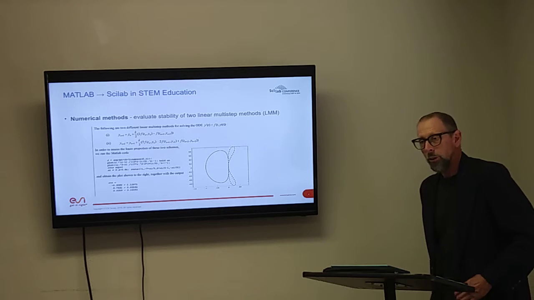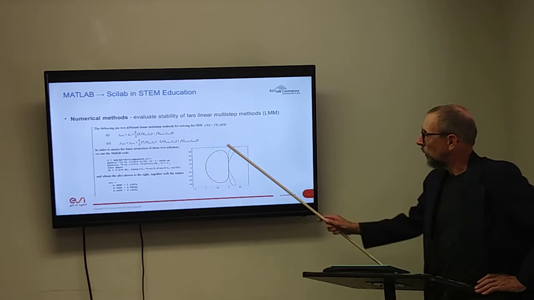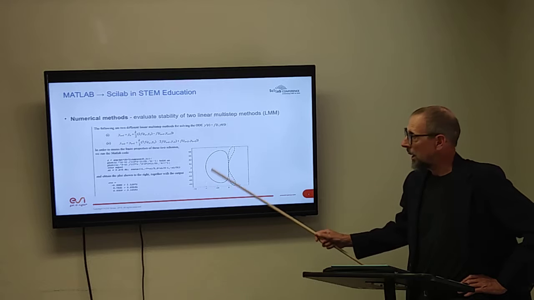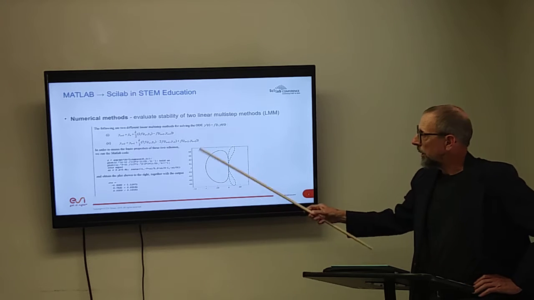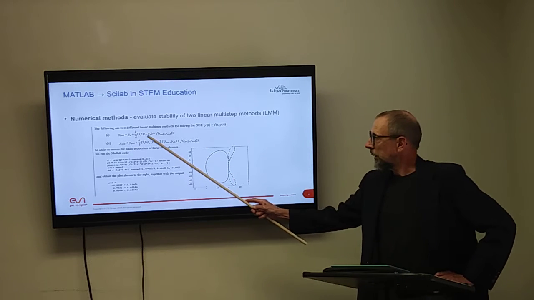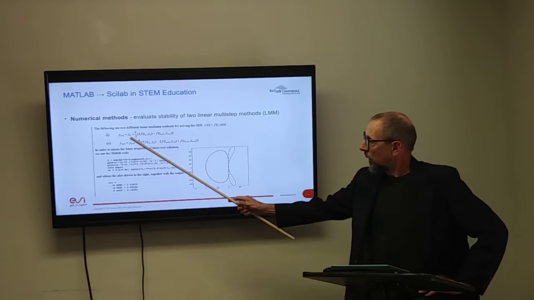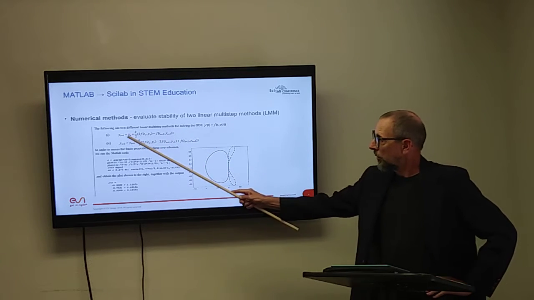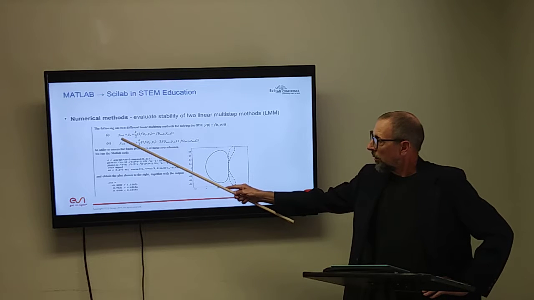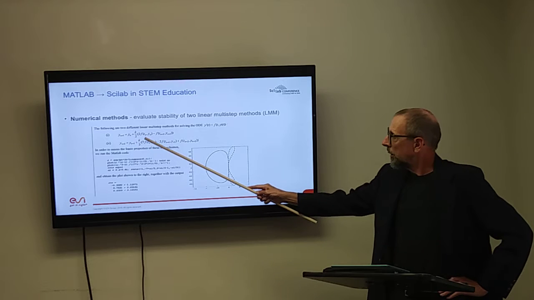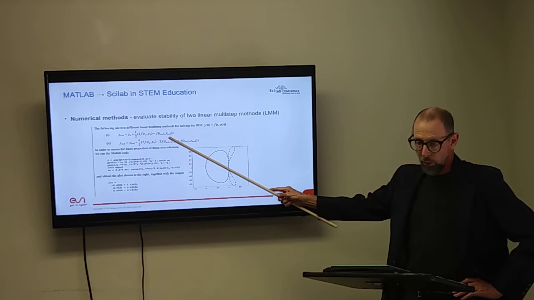Just to introduce the problem, the ordinary differential equation is y prime is a function of time and y of t. So the method for solving that ordinary differential equation comes from this equation, a step function, subscript of y, n plus 1, n, and n minus 1.